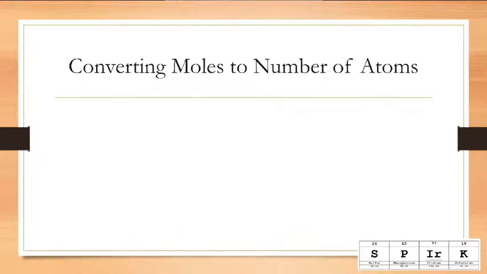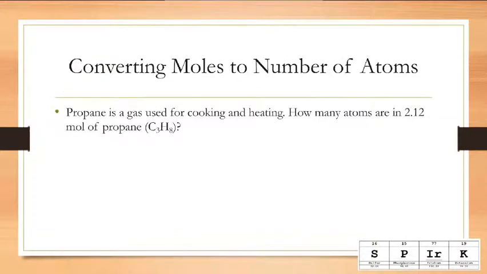So converting moles to the number of atoms. Propane is a gas used for cooking and heating. How many atoms are in 2.12 moles of propane? So we are going from moles to molecules to atoms. We're going to start with 2.12 moles of C3H8.